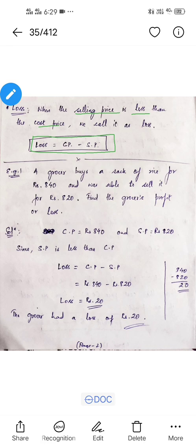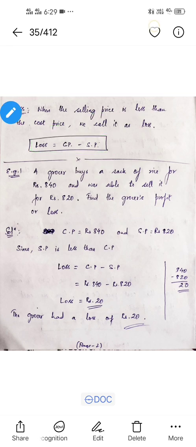For example, just like in the previous one, if I buy a pair of shoes for rupees 500 and I sell it for rupees 400, am I making a profit or loss? I'm suffering a loss, okay, because I bought the pair of shoes for 500 rupees and now I'm selling it for 400, so that means I'm suffering a loss.